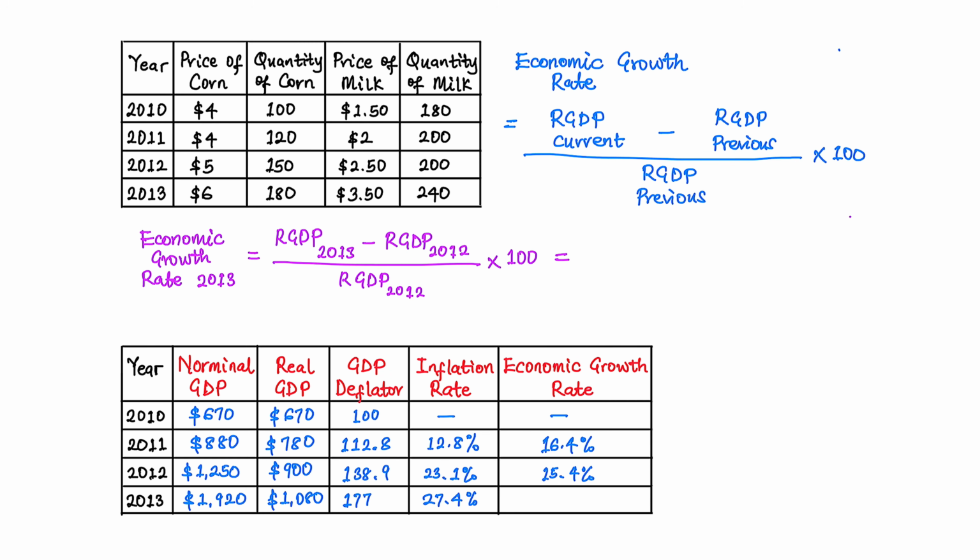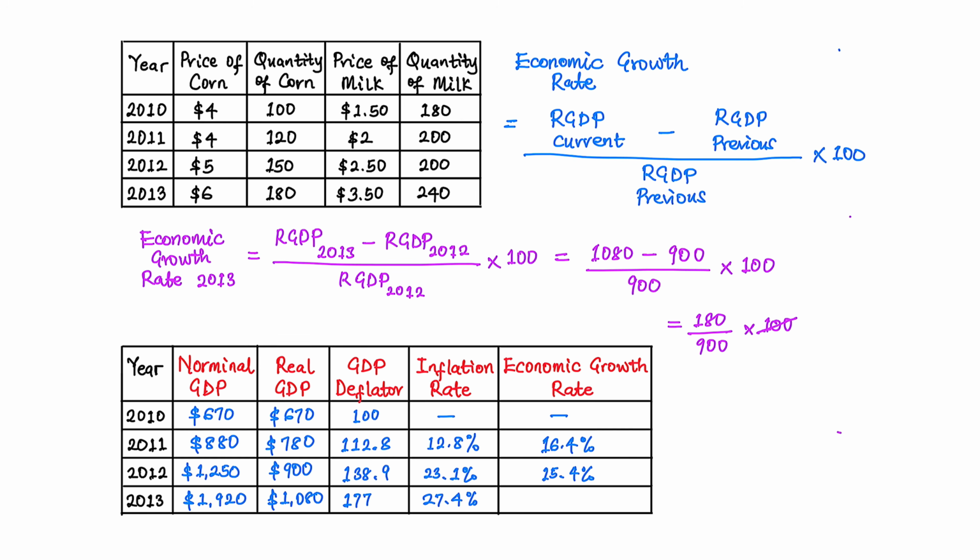So putting in the values, we have real GDP of 2013, that's 1080, minus real GDP of the previous year, that's 900, divided by real GDP of the previous year, that's 900, everything multiplied by 100. So that equals 1080 minus 900, that's 180, divided by 900 times 100.